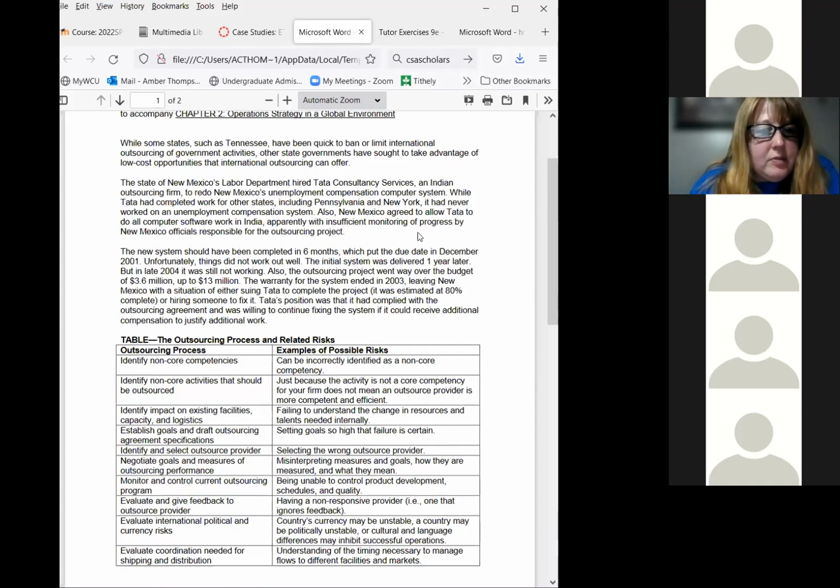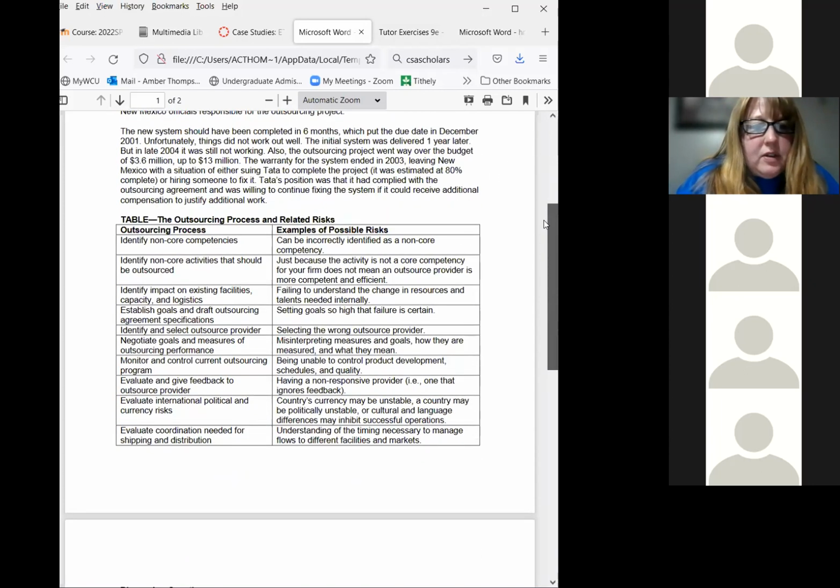So this new system was to be completed in 6 months. And as of the 2001 due date, nothing was working well. So we can go on to read this, but it gives us the processes and risks. So that's what I wanted to focus on in this case study.